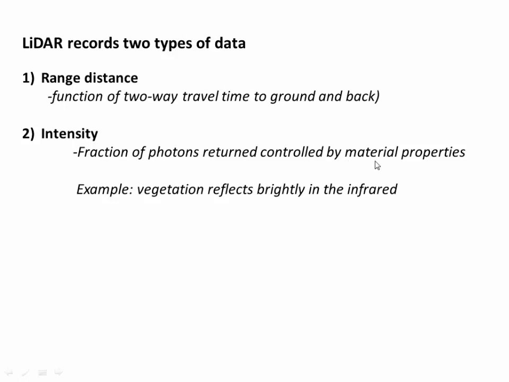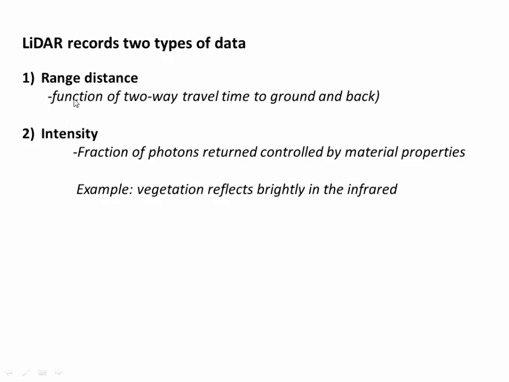Other materials are really reflective. They don't absorb it. So for example, a lot of LiDAR is done with an infrared laser, and vegetation reflects very, very brightly in the infrared. So we tend to get high intensity returns off vegetation. And so this intensity information can actually be used to be diagnostic of surface materials in some cases.